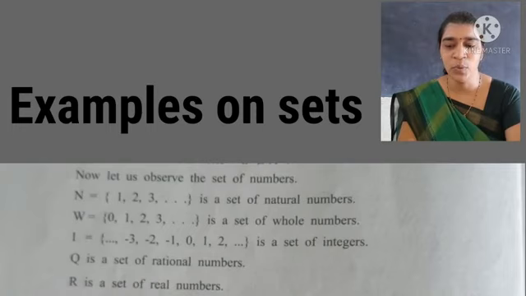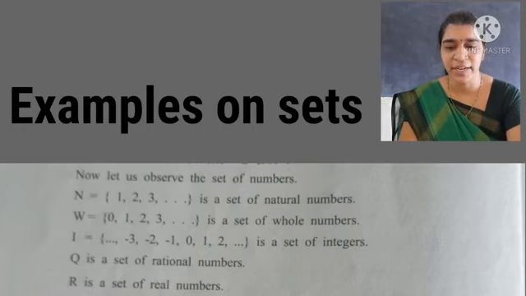N = {1, 2, 3, 4, ... up to infinity} is the set of natural numbers. W is the set of whole numbers starting from 0. I is the set of integers; integers include 0 and positive and negative numbers. Q is the set of rational numbers and R is the set of real numbers.